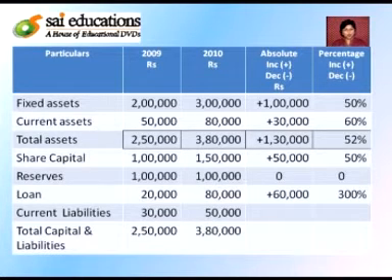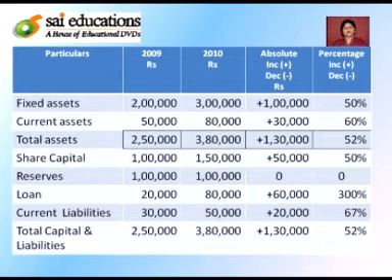In case of loan, earlier it was 20,000 and now it is 80,000. So there is an increase of 60,000 rupees in loan. And in percentage change, the increase is 60,000 divided by 20,000 multiplied by 100 means 300%. And the current liability were 30,000 in 2009 and 50,000 in 2010 means there was an increase of 20,000 or 67%.